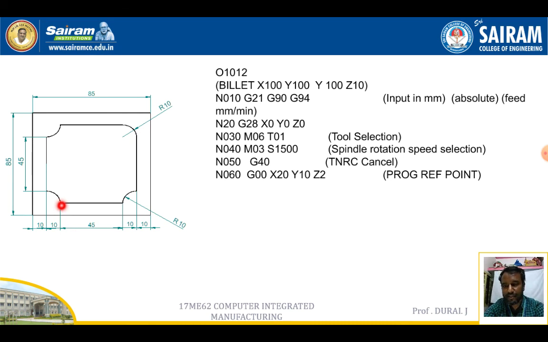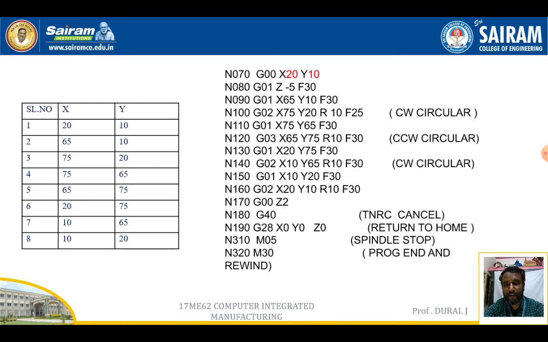So once this is completed, next we can use G01, Z minus 5, then Z1 or Z2, then G40, then the end of the program, G28, X0, Y0, Z0, M05 and M30.